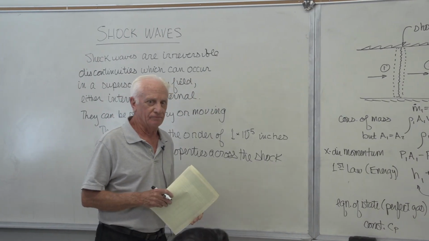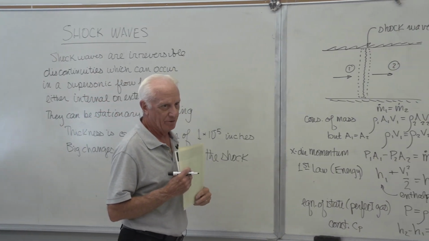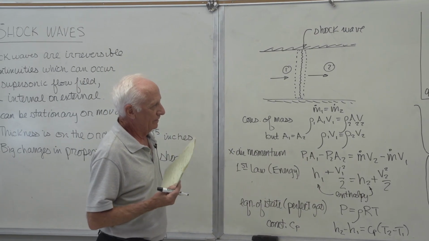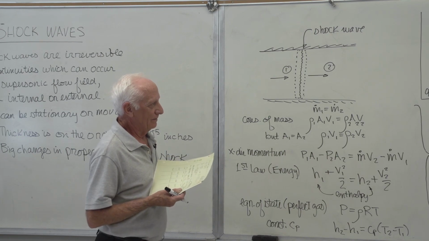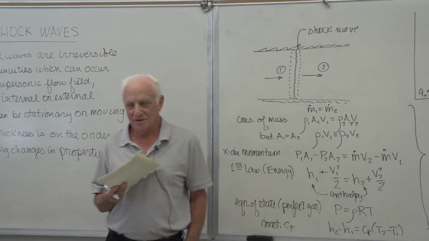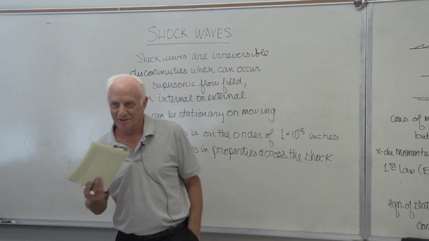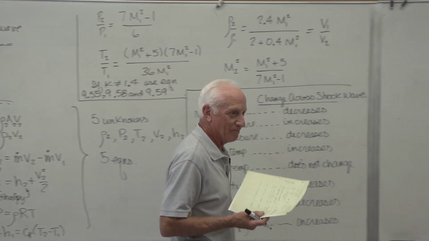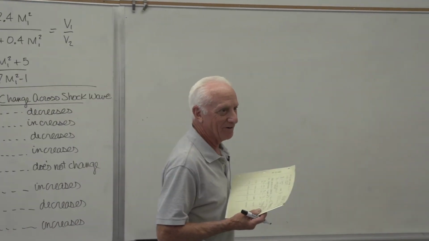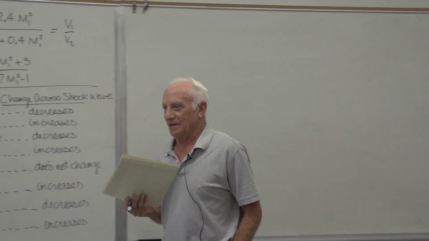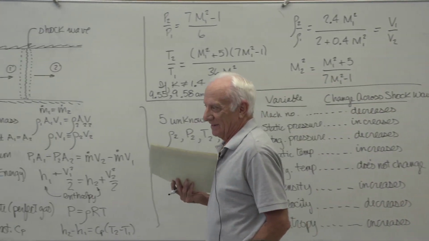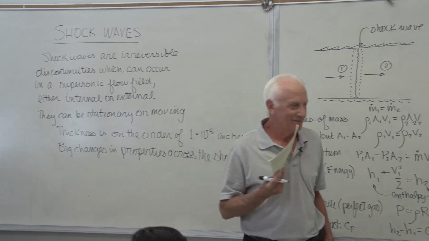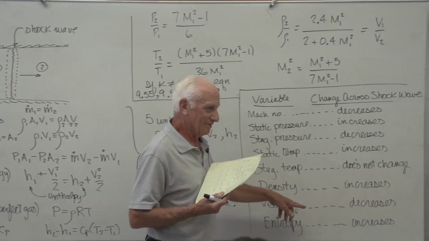Like what? Well, friction. Friction, major irreversibility in a shock. You got a freeway jam-packed, everybody's going 70 miles an hour. One guy in the lane up there sees a part of a tire from a truck in the lane. He puts his brake on. Everybody puts their brakes on, but there's going to be a massive collision. Everybody's going to slow down. They were going 70, now they're going 10. Velocity goes down.